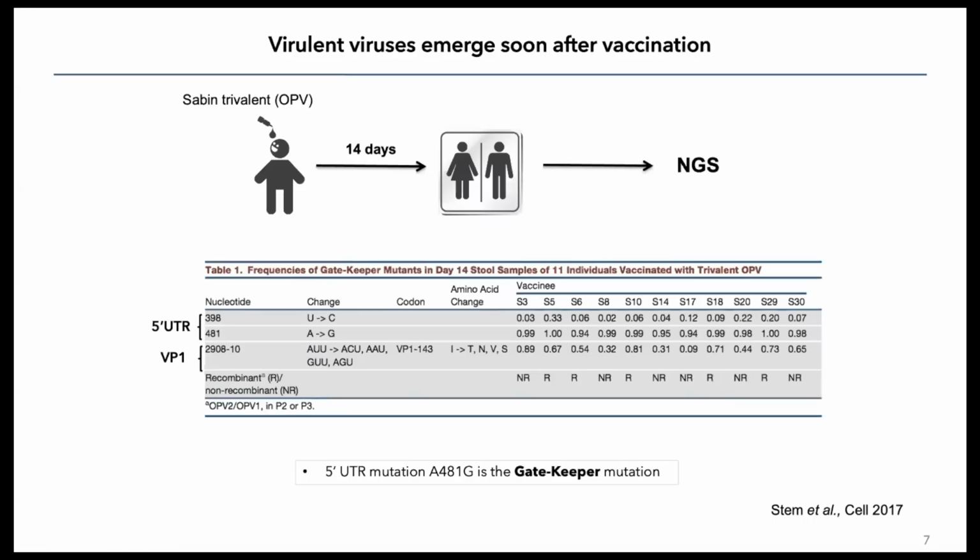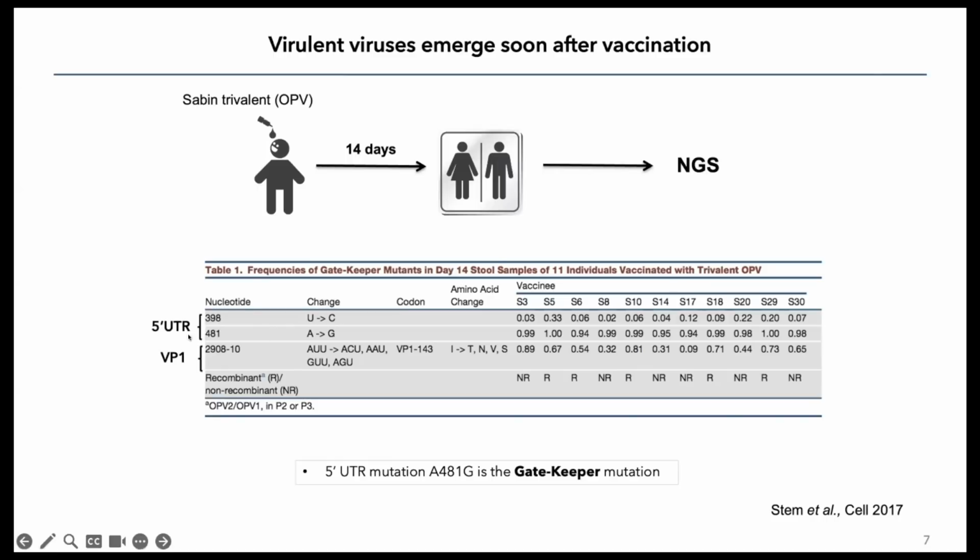In this particular study, we also examined samples derived from individuals who were vaccinated with the trivalent Sabin vaccine, and samples were collected 14 days after, and studied by next generation sequencing.